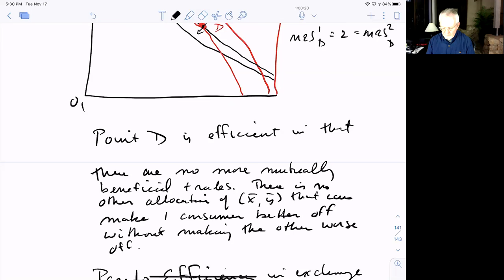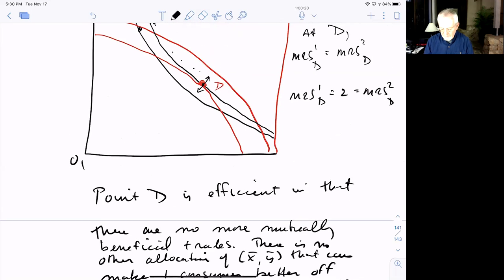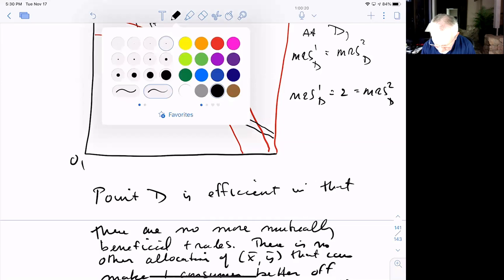Now, when I come back here and look at this, there could have been any number of other possible points they could have traded to that would have also been Pareto efficient.